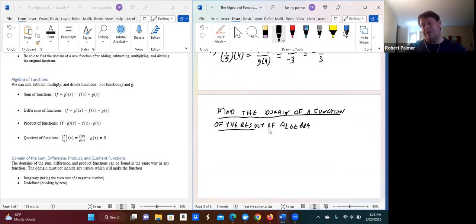What I mean by that is this is what we're doing here. As I said, we do these function operations, called function operations or algebra of functions. We create brand new functions with new properties.